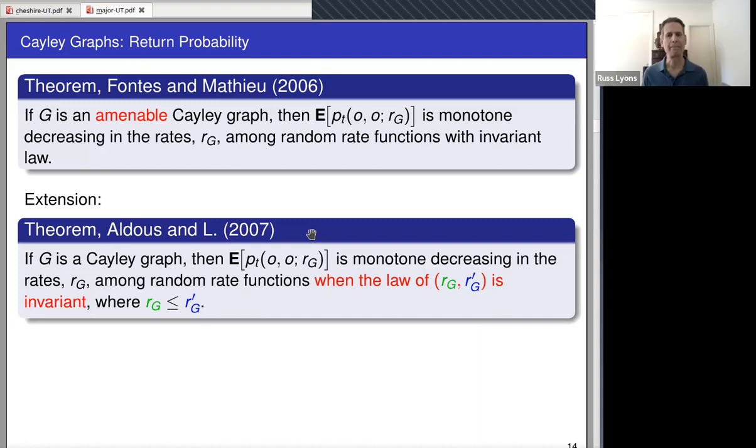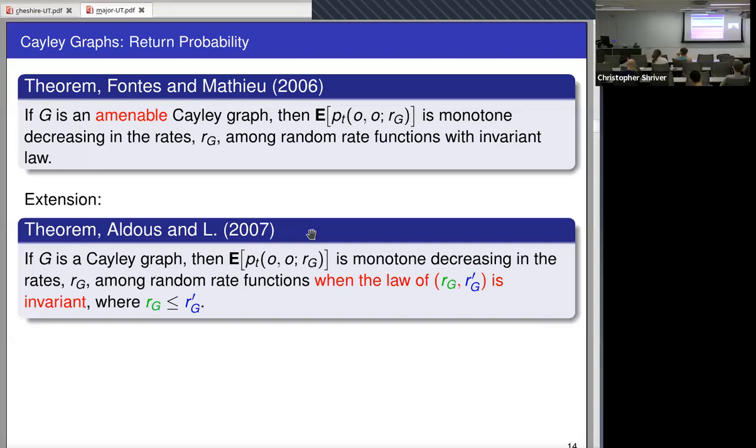You said this is possible for amenable things. Do we have counterexamples for non-amenable things, of rates where we have stochastic domination, but there's no stationary coupling that witnesses this?